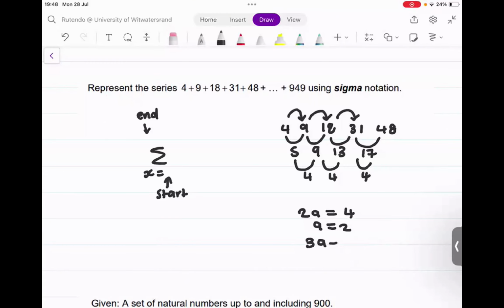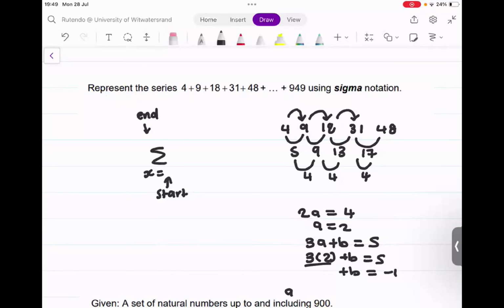Three a minus b is equal to 5. So 3 multiplied by 2 minus b is equal to 5. So minus b is equal to 6 minus 5. So is it plus? Sorry, guys. So b is going to be minus 1. Sorry, guys. Yes, it is plus b. Okay, so b is equal to minus 1.